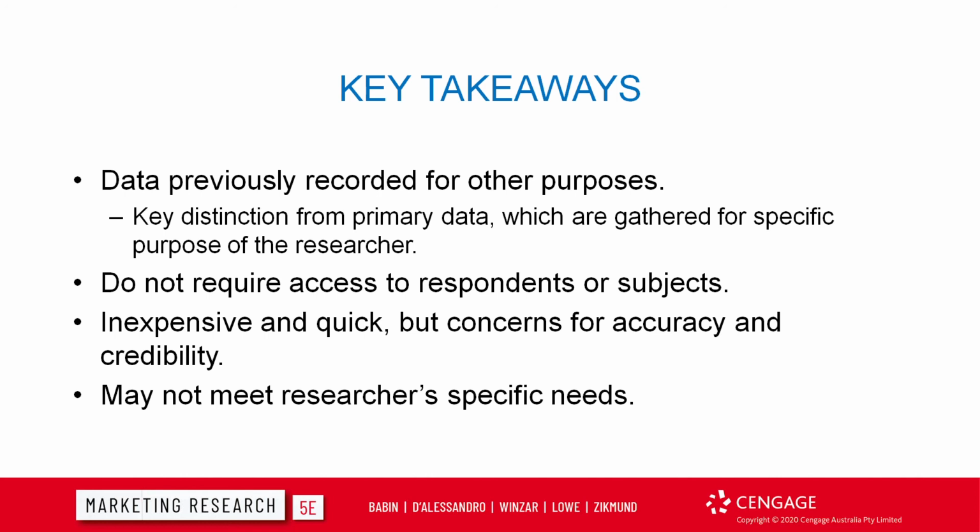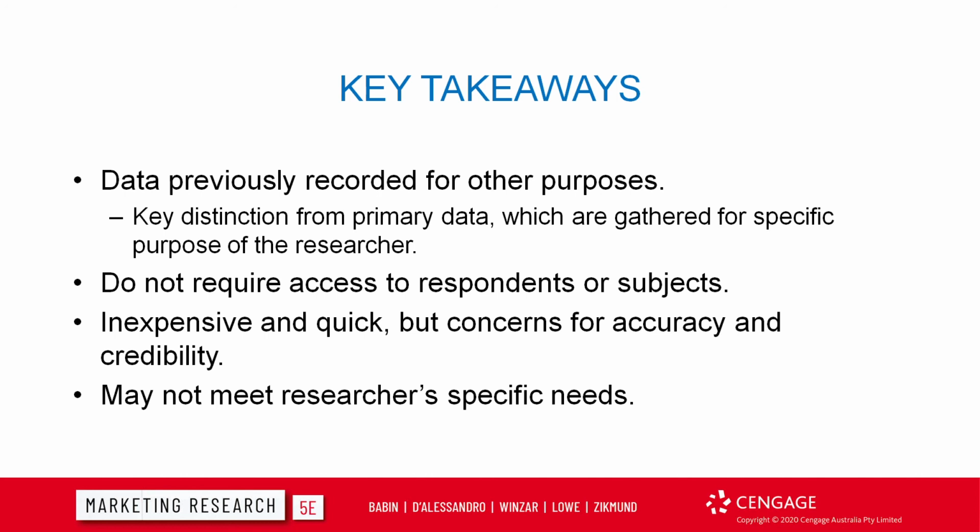So today we've discussed the use of secondary data. Secondary data is data previously recorded for other purposes, and it is the key distinction from primary data, which is gathered for the specific purpose of the researcher. It does not require access to respondents or subjects, because here you don't deal with people, you deal with their readily available information offered and collected by someone else.